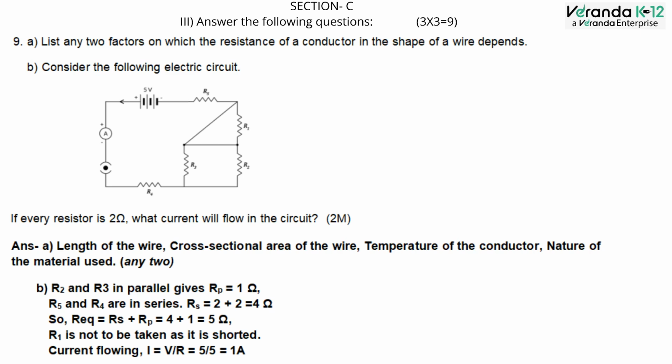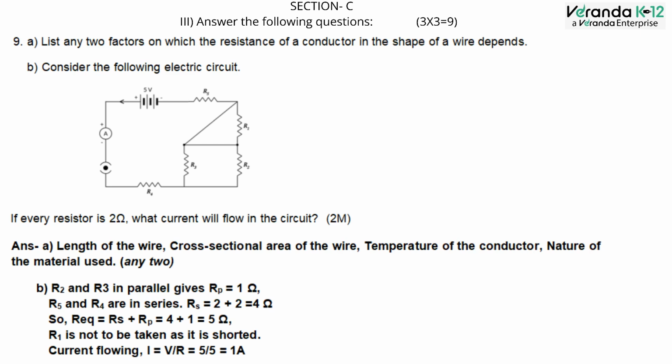Part B. Consider the following electric circuit. If every resistor is 2 ohm, what current will flow in the circuit? Answer for part B: R2 and R3 are in parallel. So Rp is 1 ohm. R5 and R4 are in series. So Rs is equal to 2 plus 2 ohms, which will give you 4 ohm.